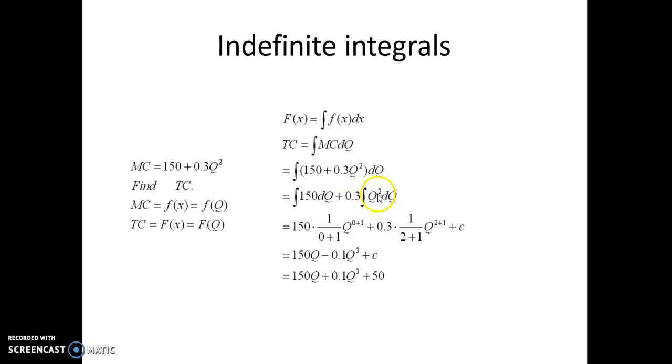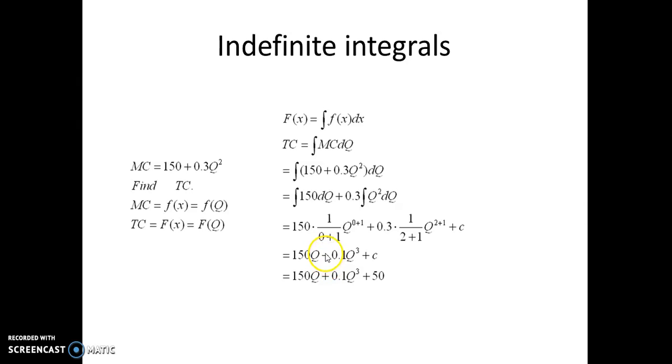So n is 2, so it's going to be q to the power of n plus 1. 2 plus 1 is 3, so therefore this becomes 1 over 3 times 0.3, so it's going to be plus 0.1q cubed.